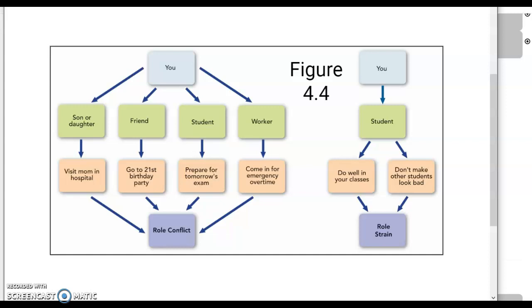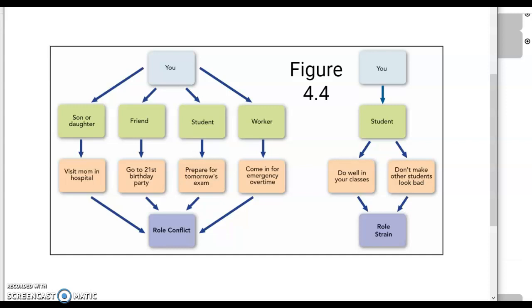Oh my goodness, you've got things due on Monday, a test on Tuesday, an exam on Wednesday. Now you've got a major essay due on Thursday. And so you just have all of these things coming on you as a student, and you're starting to feel that stress. And that is the true example of role strain.